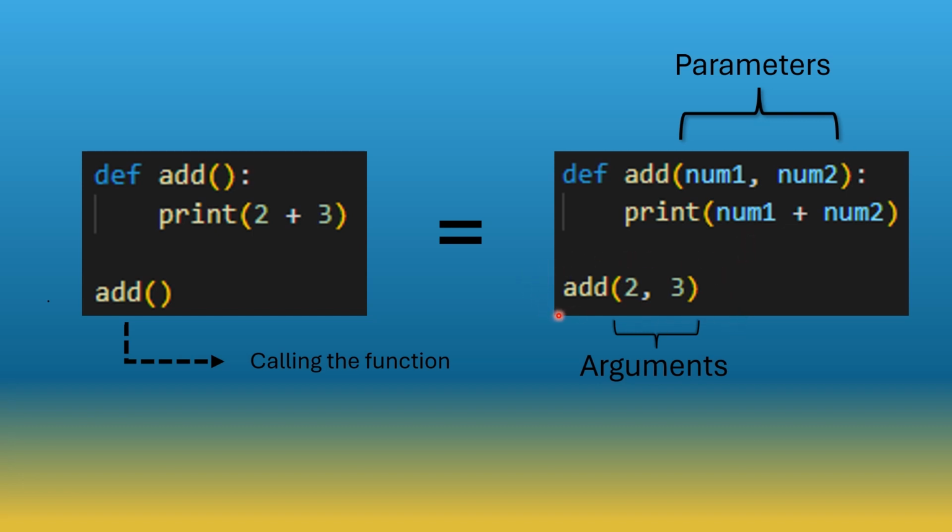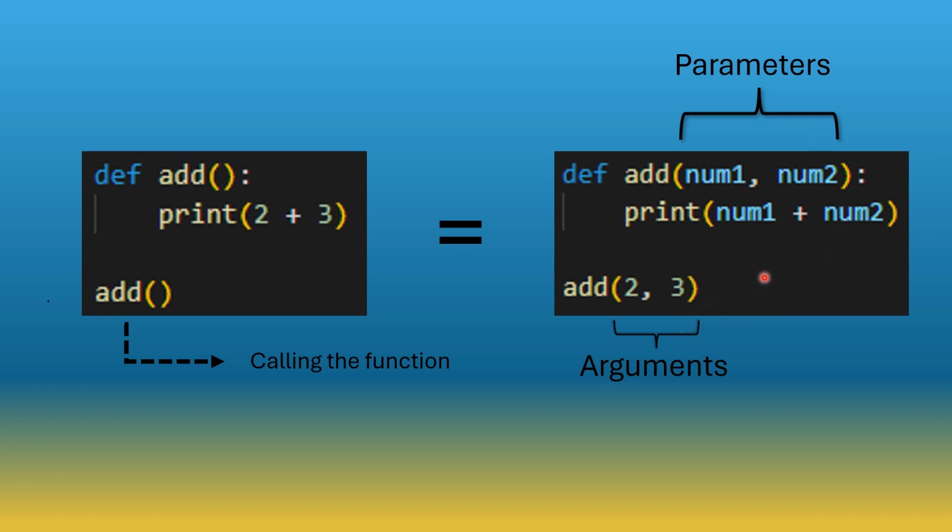And these assignments are called arguments. Every parameter needs an argument. Here we didn't have a parameter, so we didn't need an argument. The first parameter will be linked to the first argument and the second parameter to the second argument.